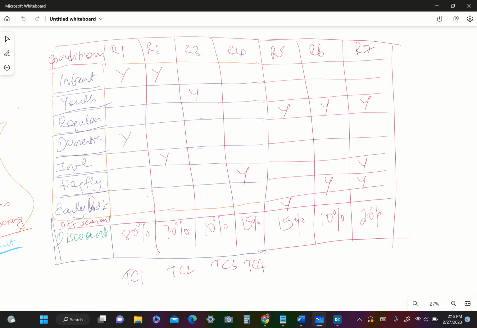For example, if frequent flyers get 15%, and then we said frequent flyer early booking gets 20%, and then another criterion said frequent flyer with international travel gets 25% or something. You want to make sure that the rules are not conflicting. There should be a clear outcome for each and every scenario.